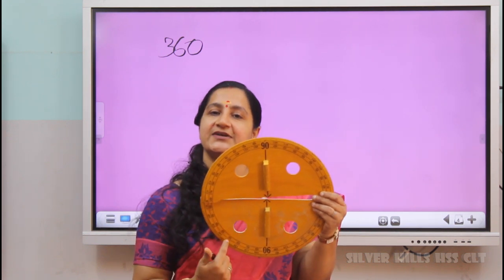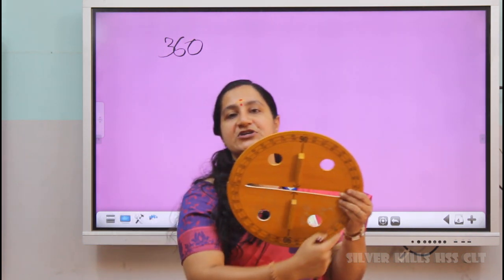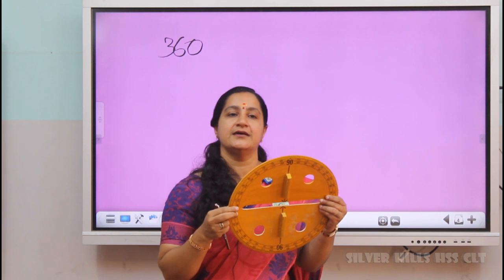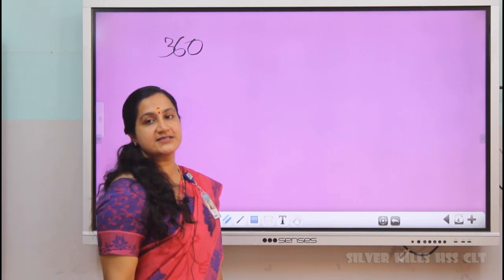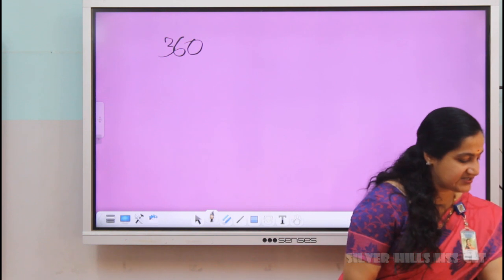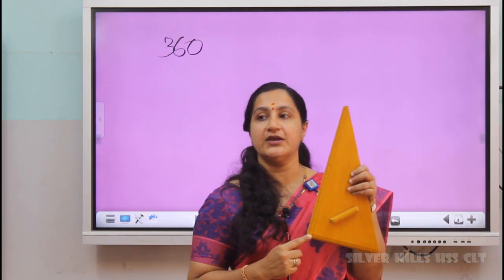What is 180 plus 180? Yes, it is 360. So what is the measurement of the angle of a circle? It is 360 degree. The total of a circle is 360 degree. Now already we discussed, using this corner we can divide the circle into 4 equal parts.